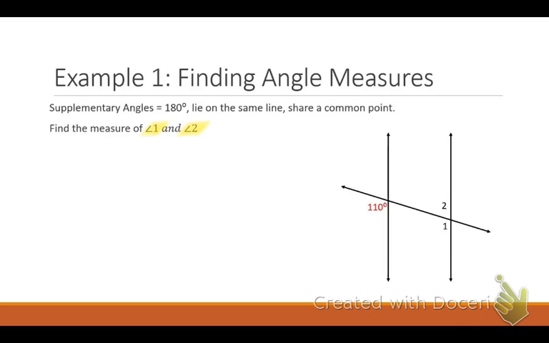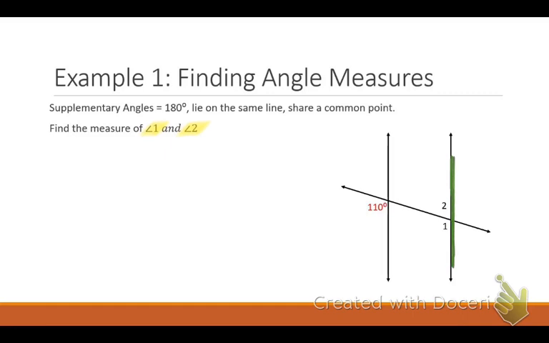Now let's go over here to this grid. Angles 1 and 2, this is what it's going to look like on your homework, and you could turn your head sideways if you need to. Angles 1 and 2 are supplementary because they share this common line.